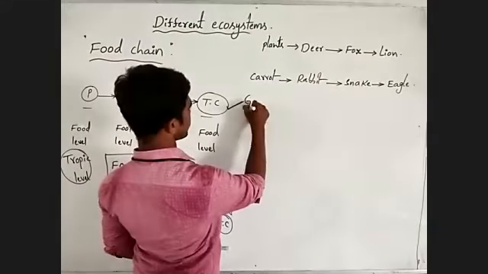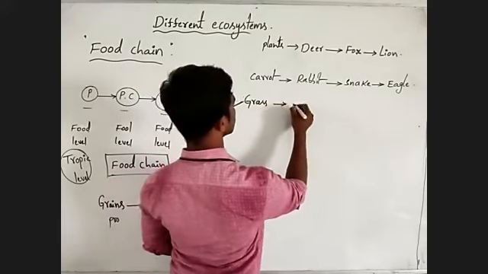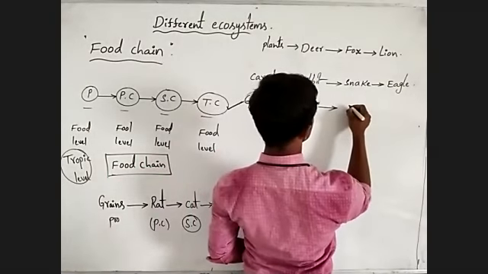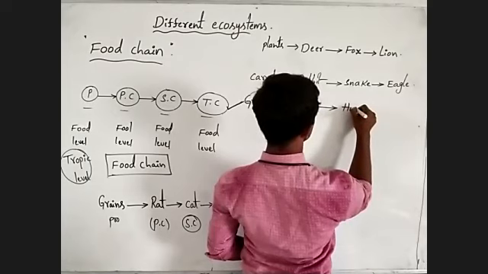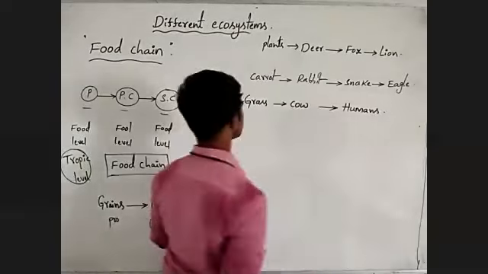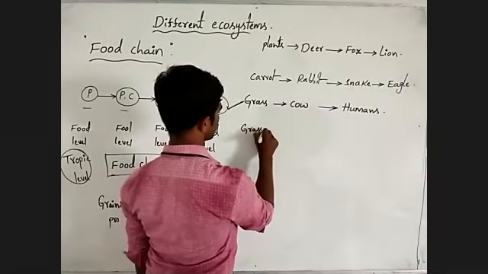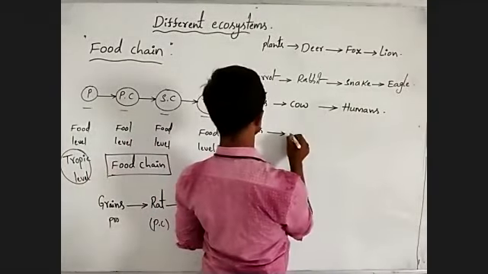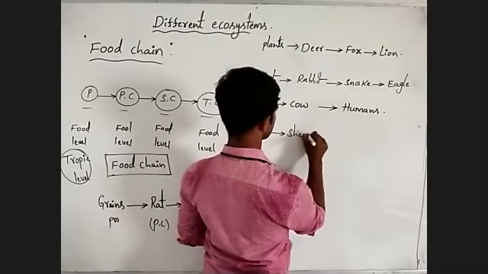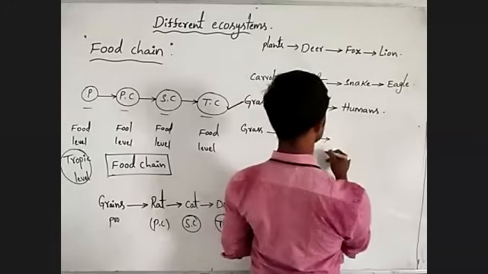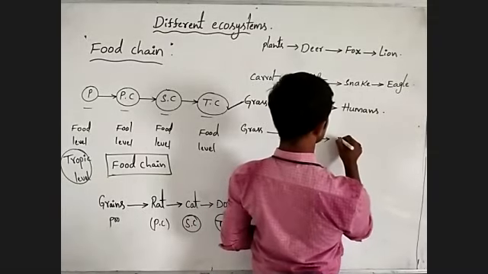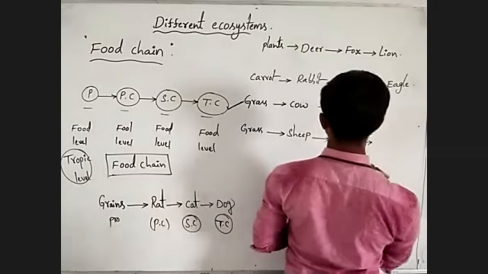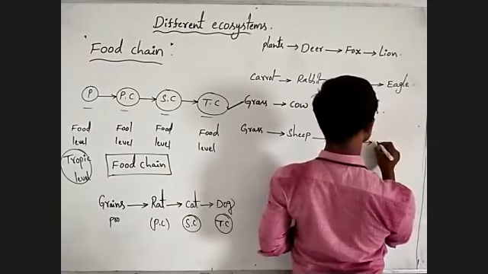Next, grass, cow, human being. Grass, sheep, dog, tiger.